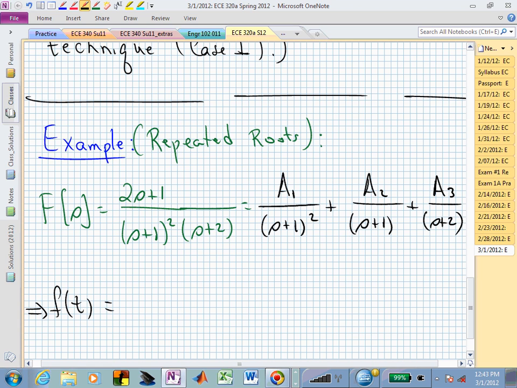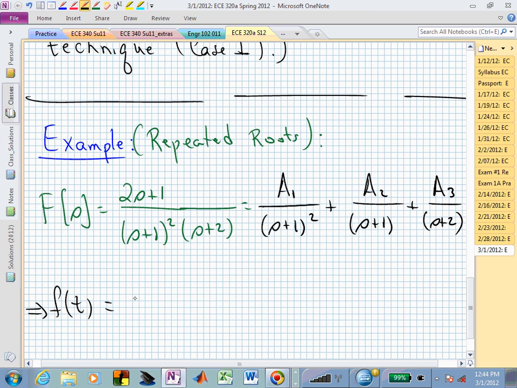If you now inverse Laplace transform the a3 term, what do you see? What's a3 going to be scaled by? A decaying exponential, and you know exactly the decay rate on that exponential. It's minus 2. The only interesting thing is when we have these repeated roots.